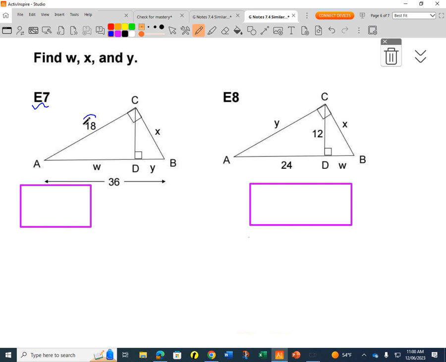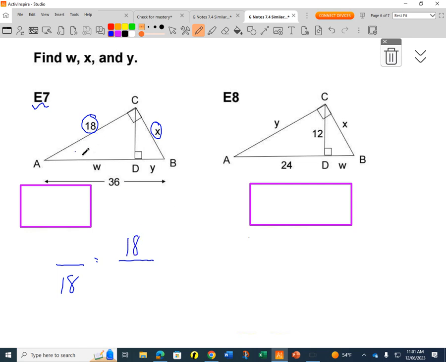This is a mean, and this is a mean. There's another mean here, but they don't give us the measure of that, so we can't use that one, right? One of the tips I would give you is if they give you a numerical value for one of the means, start with that one if you're finding multiple missing measures. So here, that's a mean. We're going to go ahead and plug it into the mean spot.